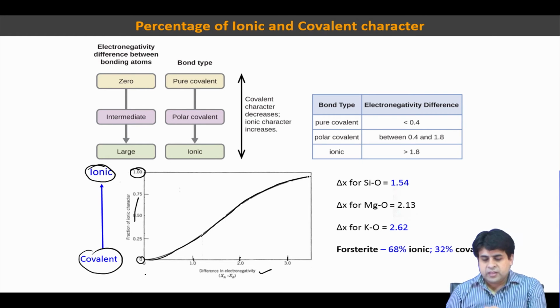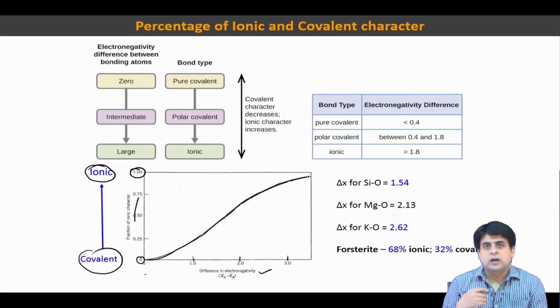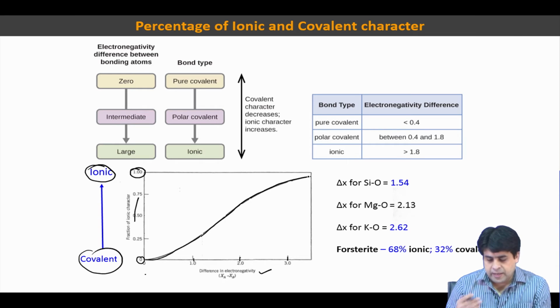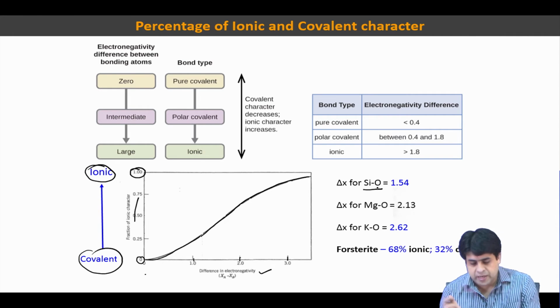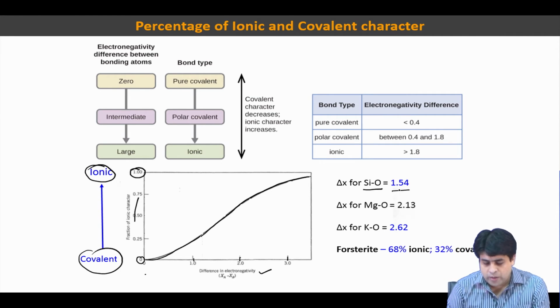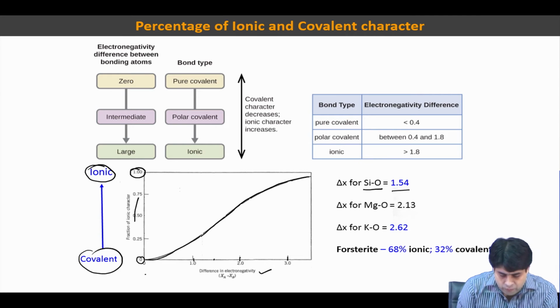So, suppose you take the major cations which are present in the crust and mantle, let us take the second most abundant cation that is present in the crust, that is silicon. And if you take the difference of electronegativity in silicon and oxygen atom, that is close to 1.54. So, a 1.54 electronegativity difference will be here.